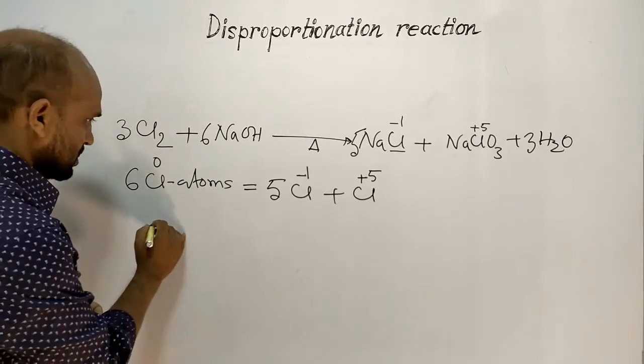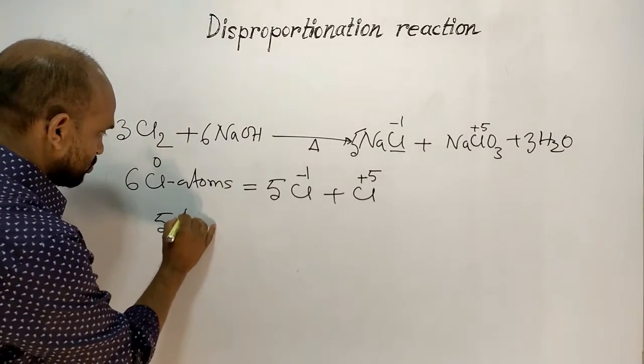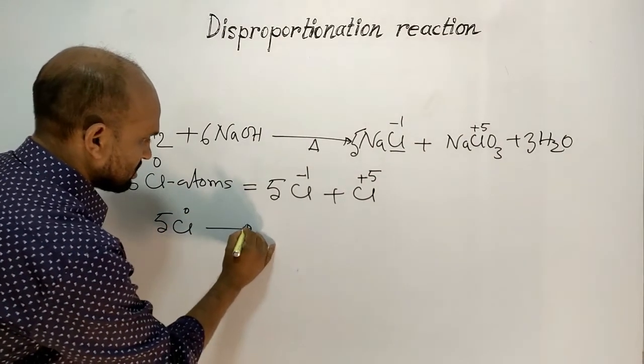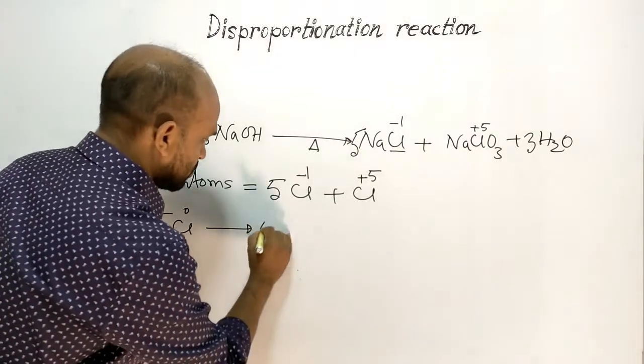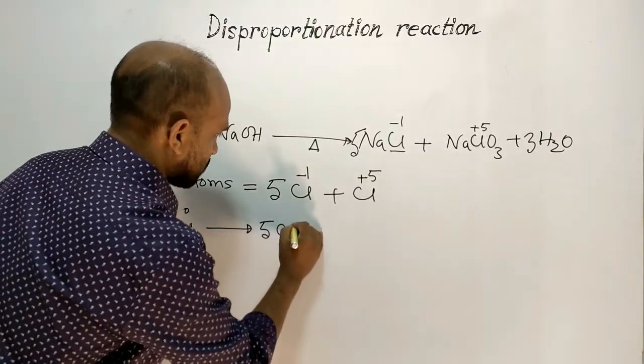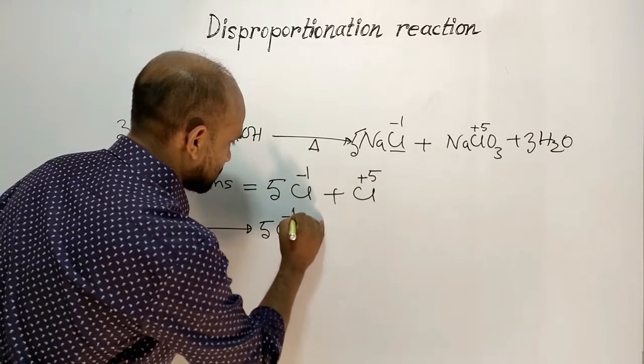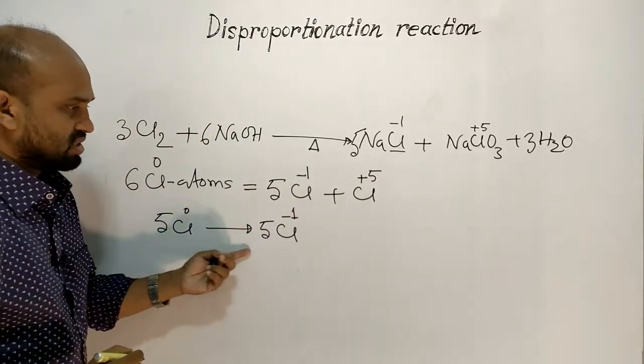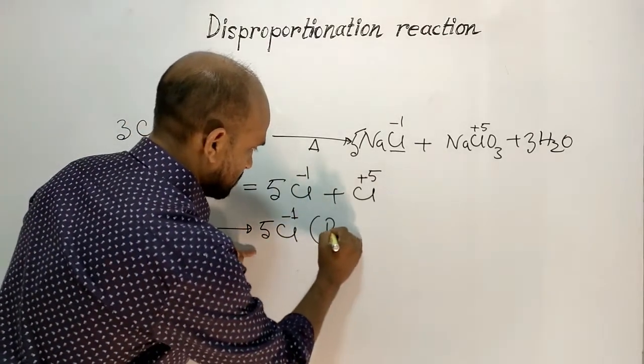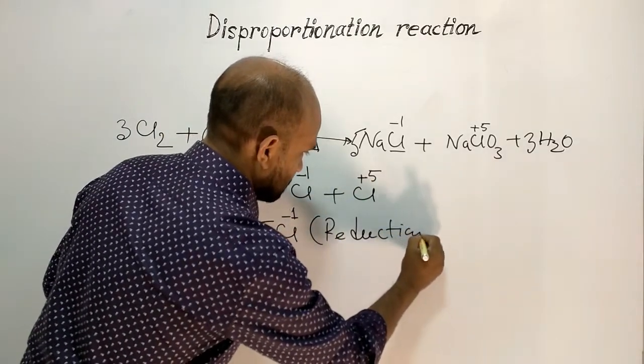That means 5 chlorine atoms with 0 oxidation state are changed to 5 chlorine atoms with minus 1 oxidation state. That means this is reduced, reduction.